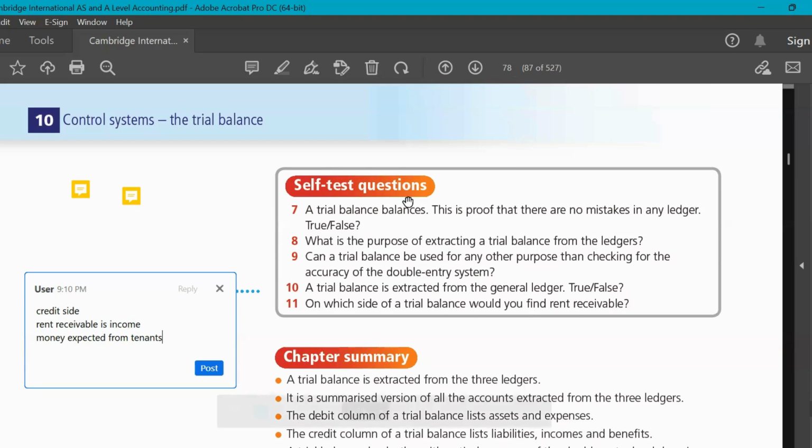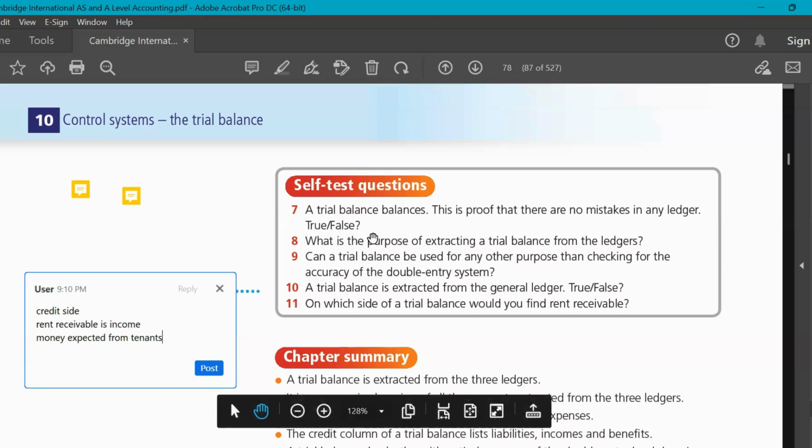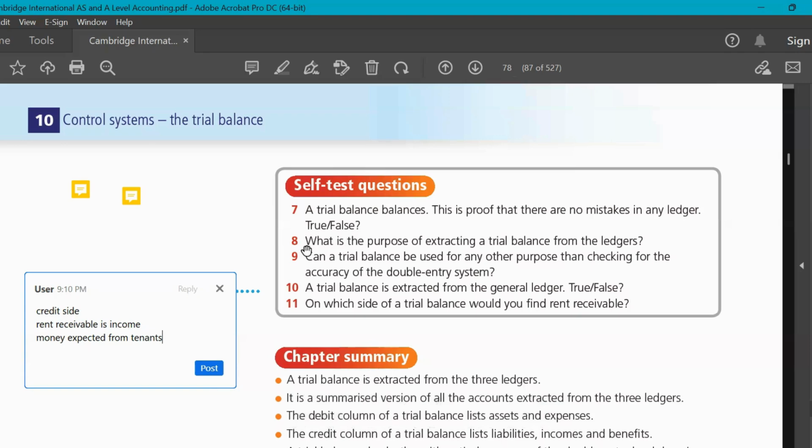To summarize, number 7 is false because a trial balance can hide errors. Number 8, the purpose of extracting the trial balance from the ledger is to check the accuracy, to ensure that debits equal credits. Can a trial balance be used for any other purpose? Yes, for the preparation of financial statements.